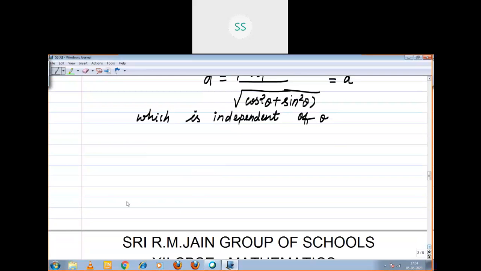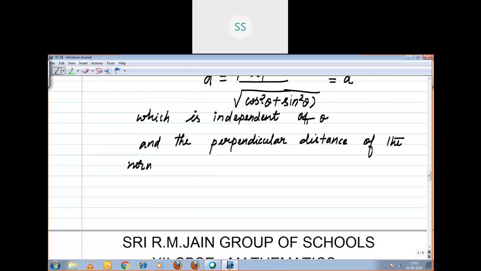The perpendicular distance of the normal from the origin is constant. We proved d is equal to a. a is a constant or not, children?